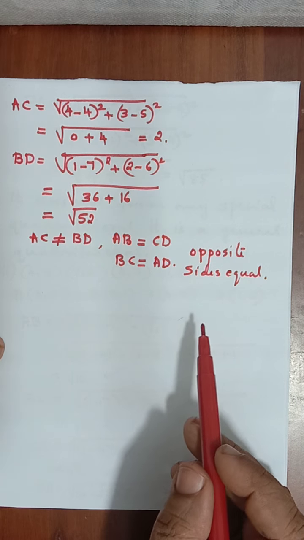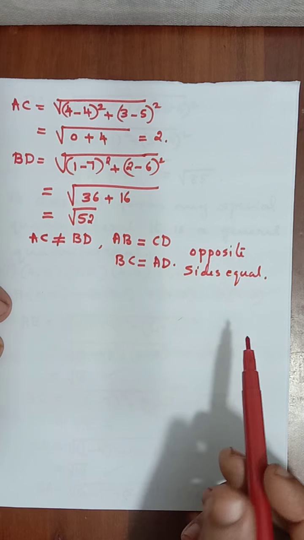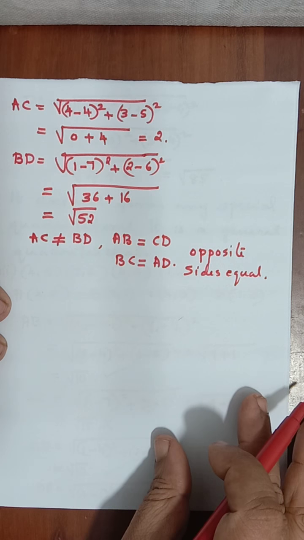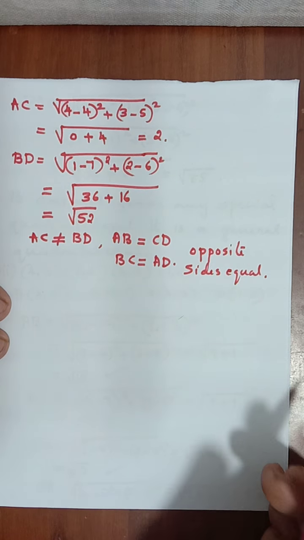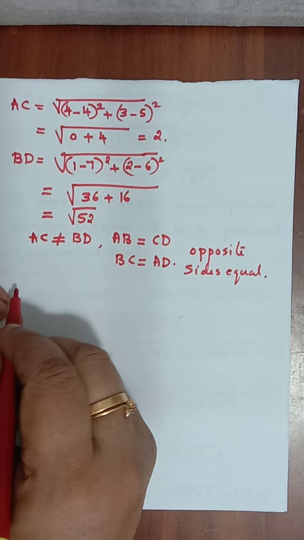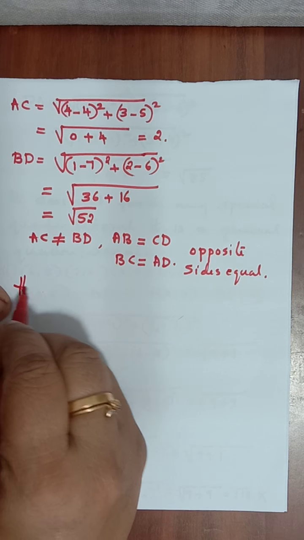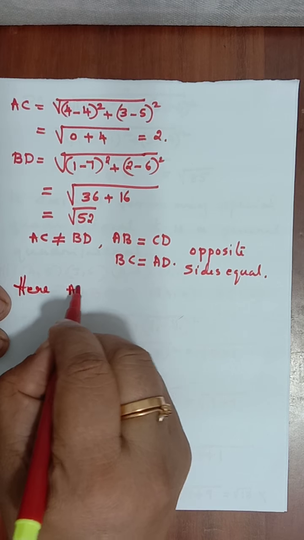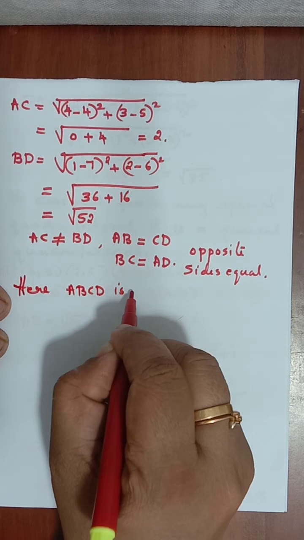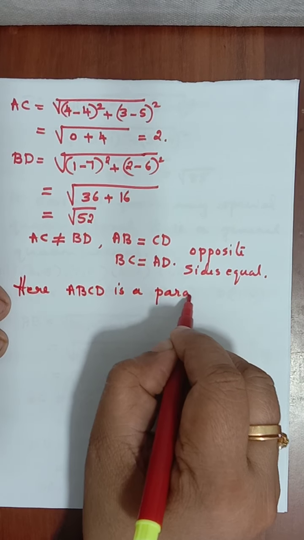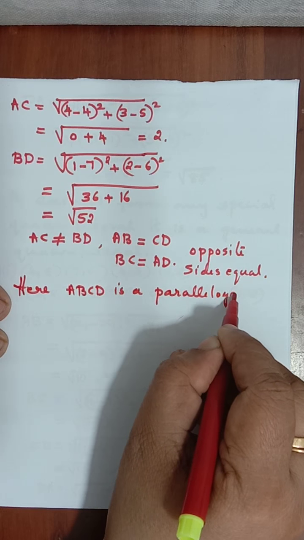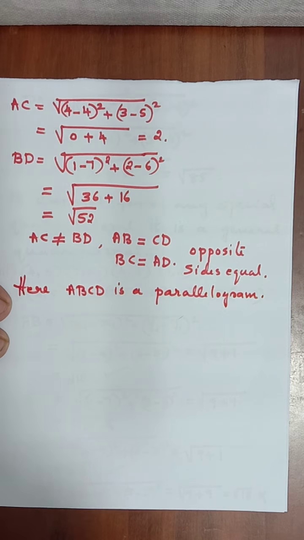If this parallelogram is having diagonals equal, then we can say that it is a rectangle. Since diagonals are not equal, it's only a parallelogram. Here ABCD is a parallelogram. This is our conclusion. It's a parallelogram.